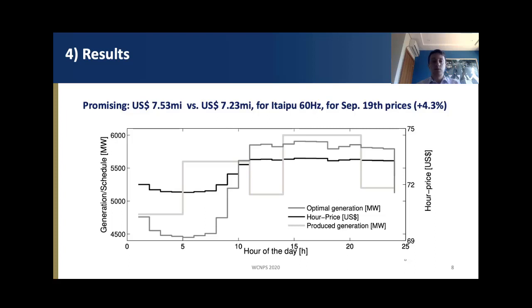One thing that we also saw is that the shape of generation can change significantly. In this slide, in light gray we have the schedule for that day, and in dark gray we have the optimal generation. So we can see there is a significant change in the shape of the curves. Mainly, the shape of the optimal generation gets closer to the shape of the price of the day.